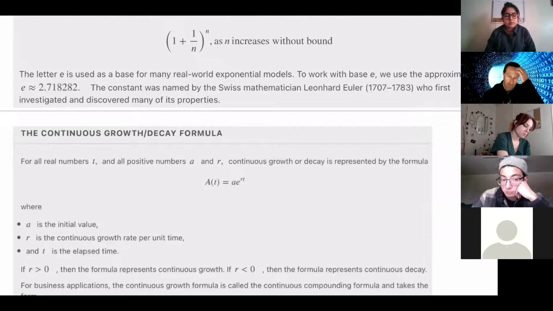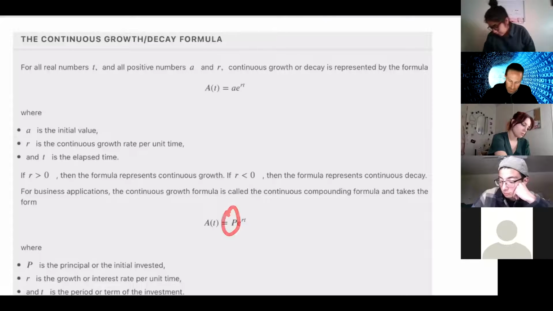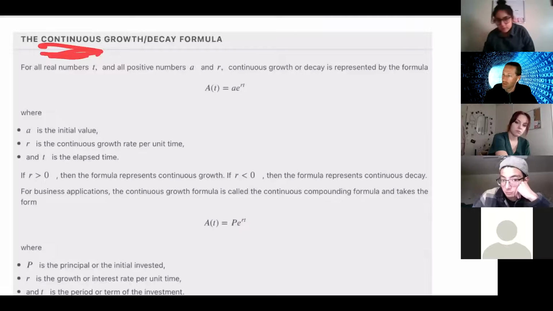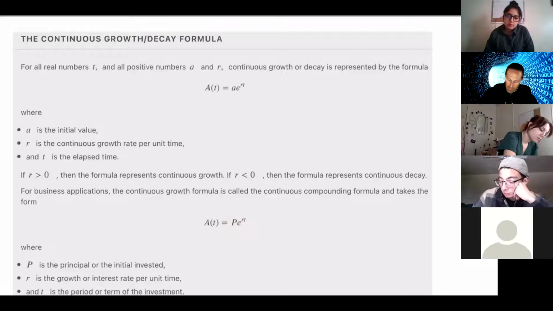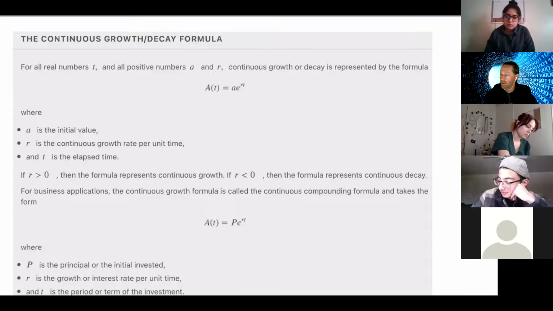All right, so a lot of different looks that you guys will be seeing of the same thing, okay? Where this is now the money growing at a continuous rate. So the principal is the initial amount we'll put in, the rate is still the rate, time is still the time. Okay, same formula, just two different uses. All right, just remember E is a value, a number. Just like pi, it's on your calculator.